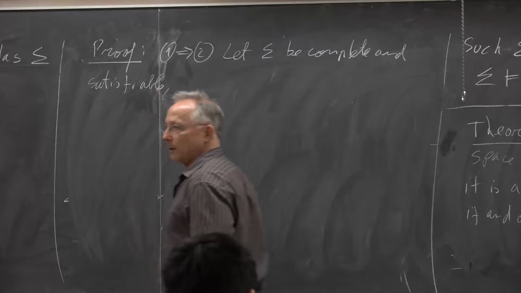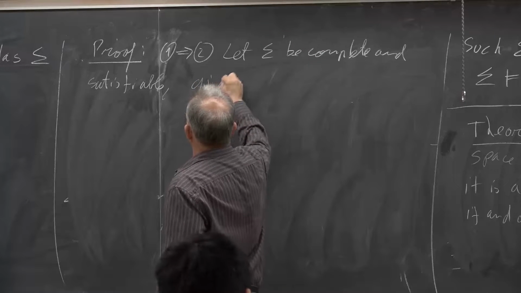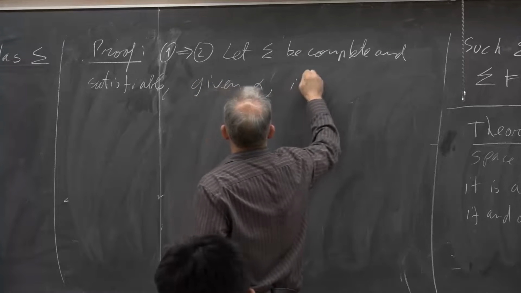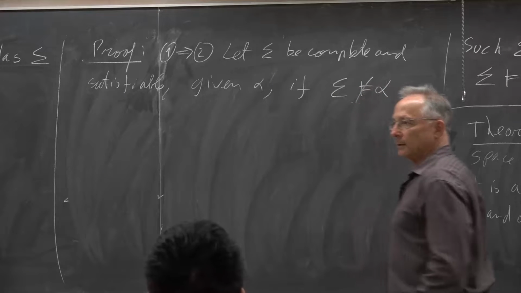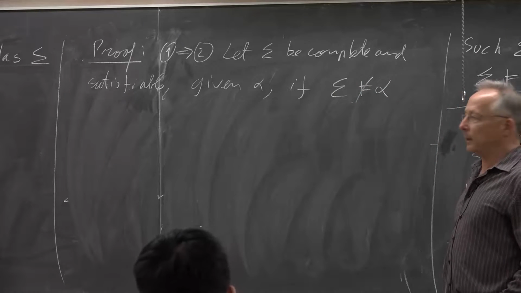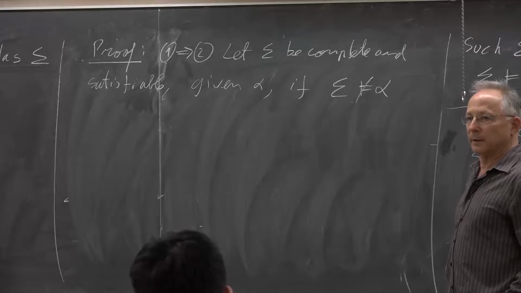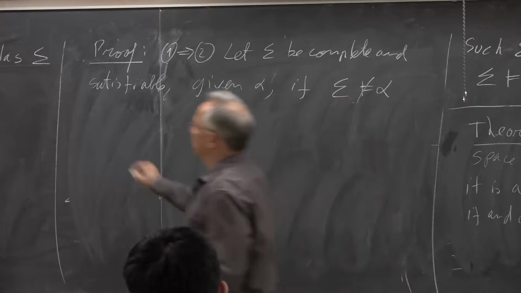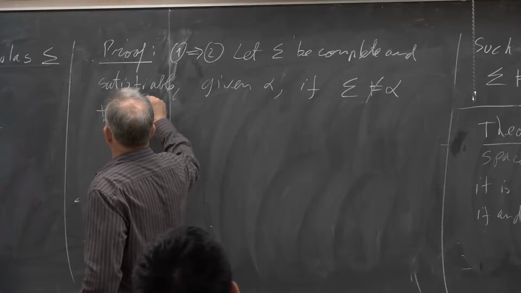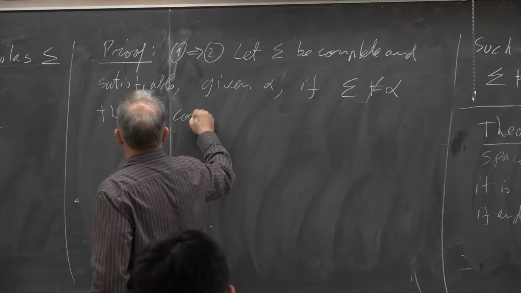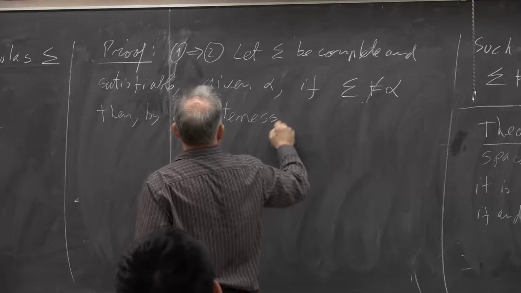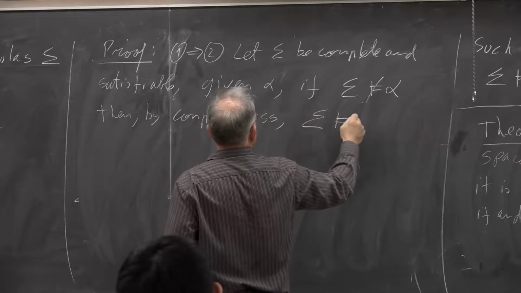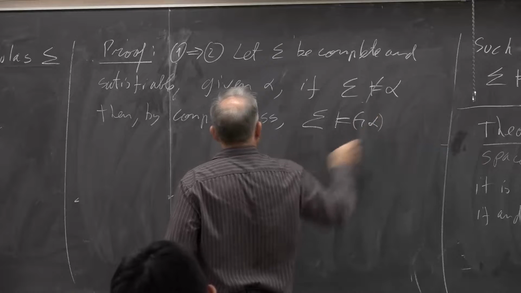Now, given alpha, if sigma does not logically imply alpha, then what will I get? Then, by completeness, I get that sigma implies the negation of alpha.